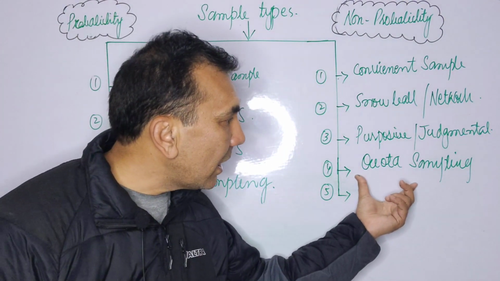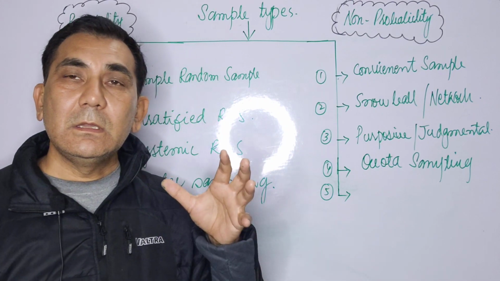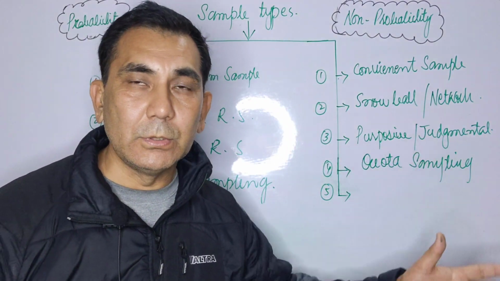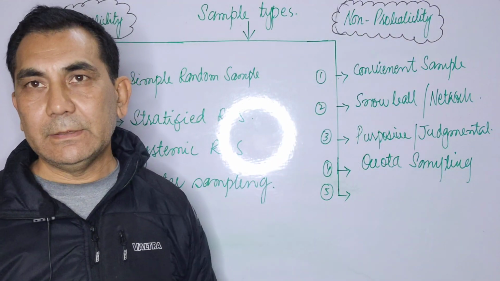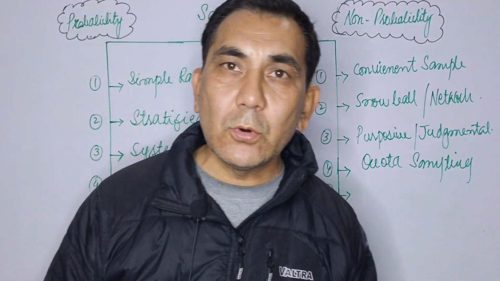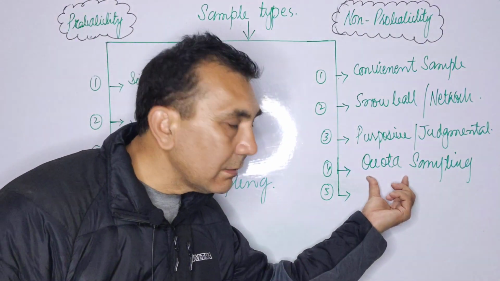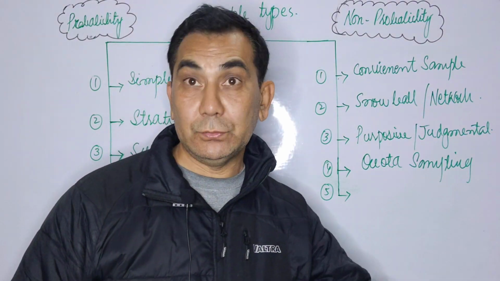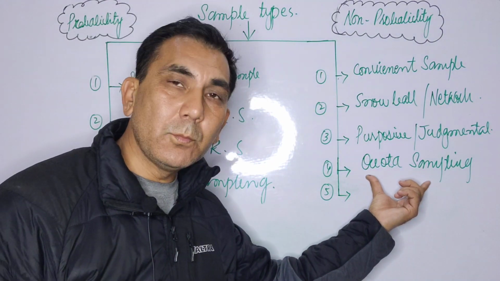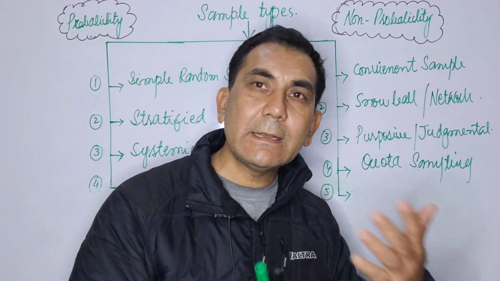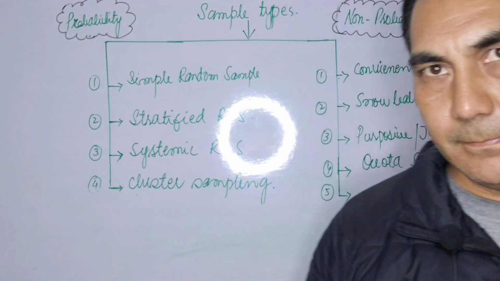So selecting people through the quota is called quota sampling. This quota may be in numbers and may be in proportion, right?